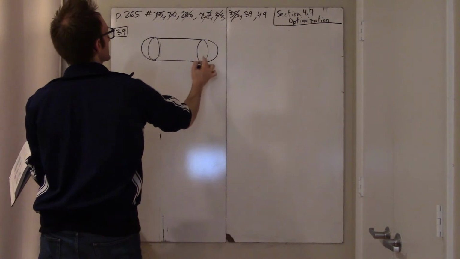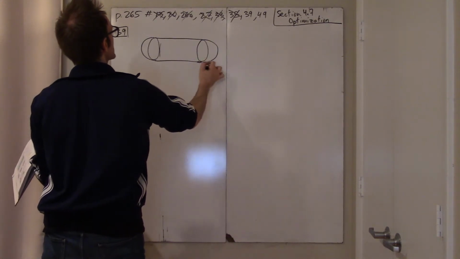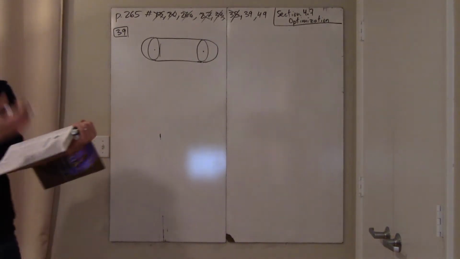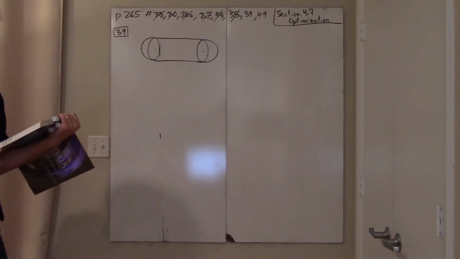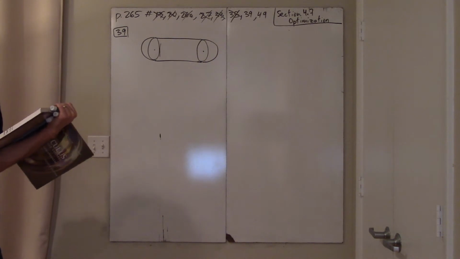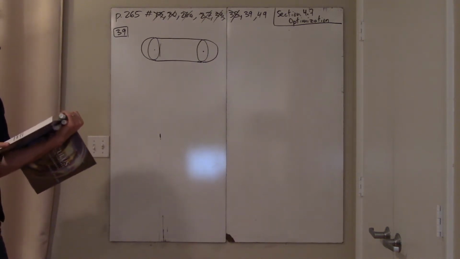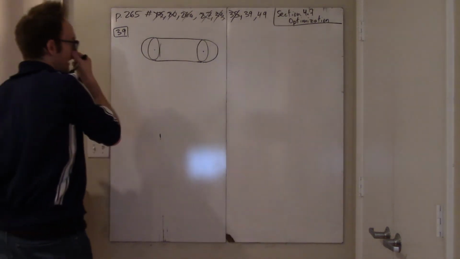That's a decently not totally terrible picture of the situation. Okay, like a capsule. That's exactly what that is. The total volume of the solid is 12. Find the radius of the cylinder that produces the minimum surface area.